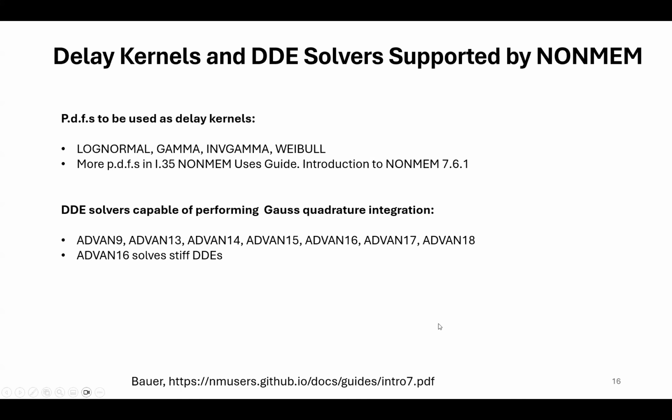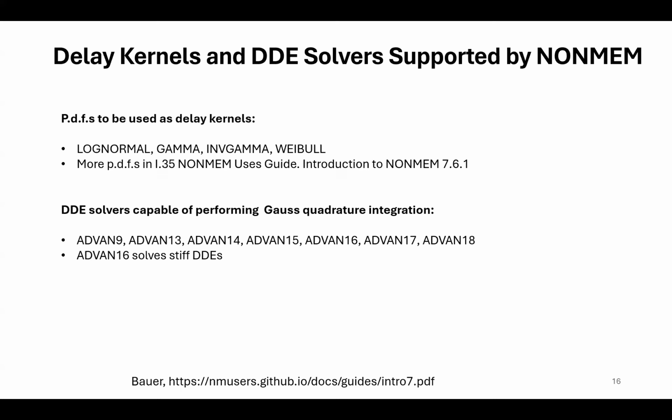When it comes to solving those distributed delay models, my personal preference is ADVAN 16, just because this is the discrete delay differential equation solver that is implemented for solving DDEs. That is stiff, and it has additional features that I don't want to go into that make this solver stable in terms of the numerical issues that come up with dealing with delay differential equations.